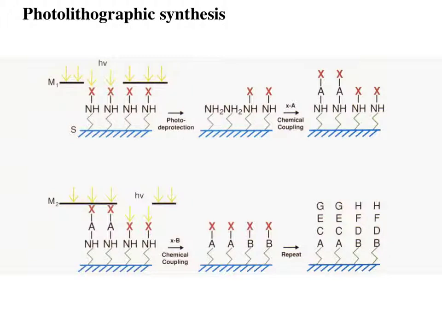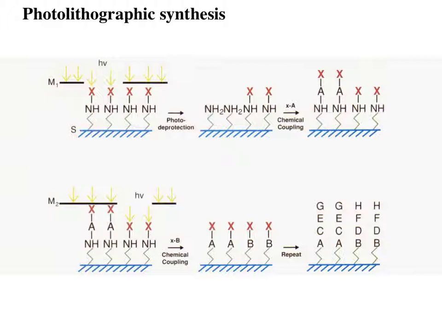In photolithographic synthesis, you're using deprotection strategies that use UV light to deprotect a particular site, and you use masks to keep the protection on particular sites. So here's a mask in which you use UV light that can deprotect this particular site.